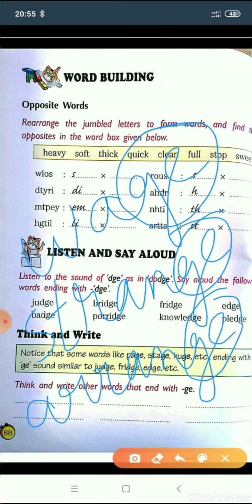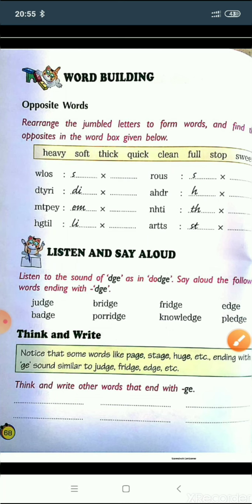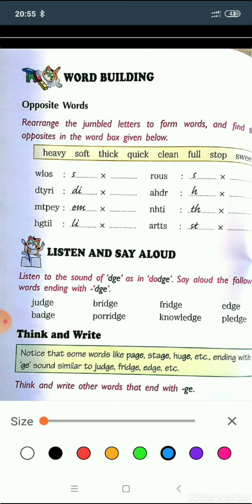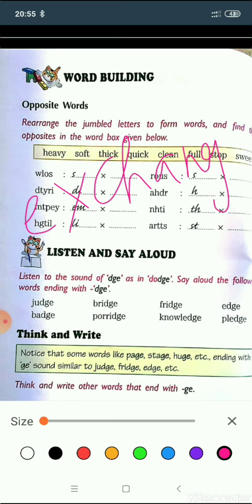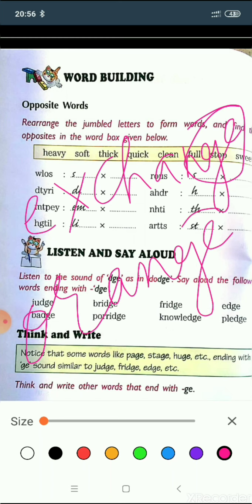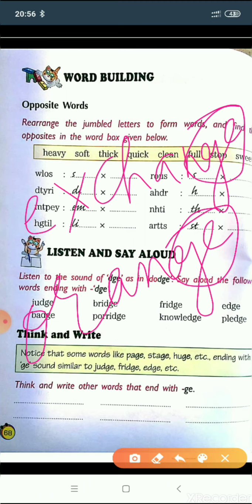There are many words, in fact. We can say exchange, EXCHANGE. Orange, ORANGE. So children, there are many words. You have to write any 6 words. So this is over.